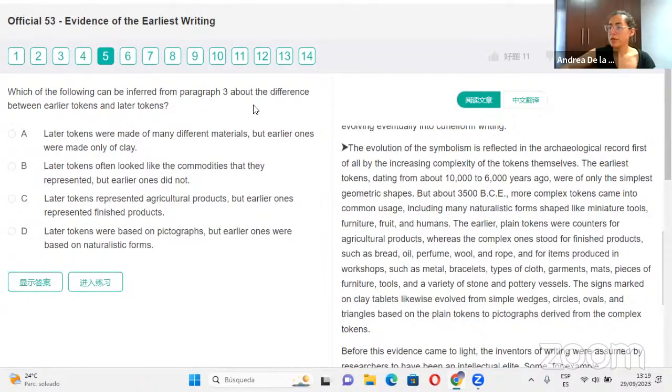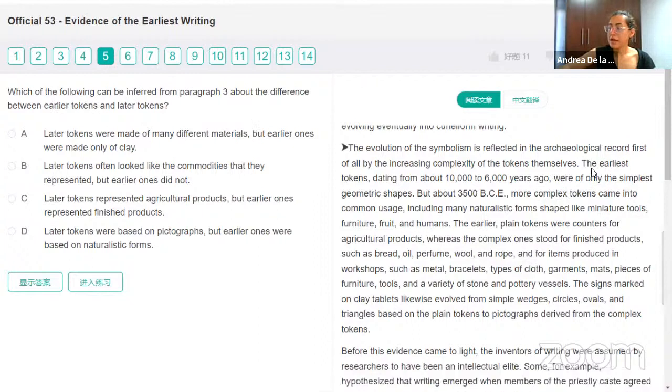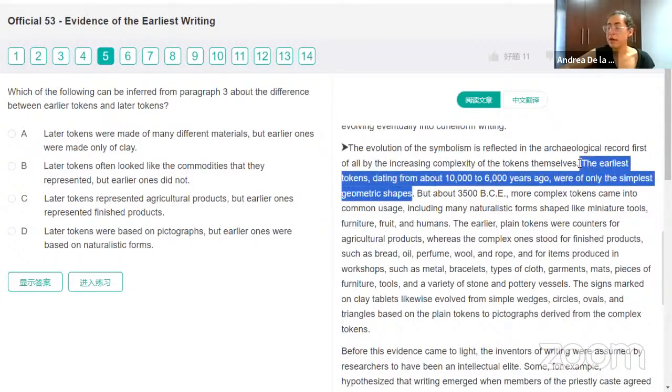Right? So it says the difference between earlier and later tokens. So let's start looking for information about both of them. The earliest tokens, dating from about, no sé por detalle, were of only the simplest geometric shapes. So the earliest were simple geometric shapes, but about this time, more complex tokens came into common usage, including many naturalistic forms shaped like miniature tools, furniture, fruit, and humans.